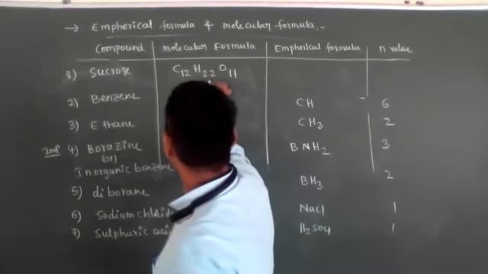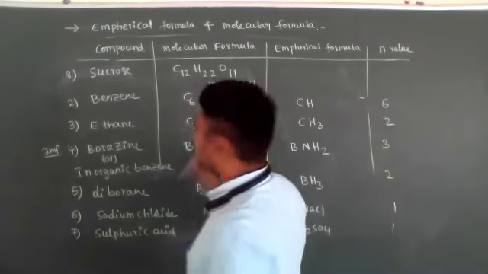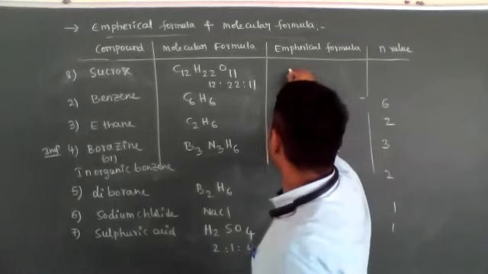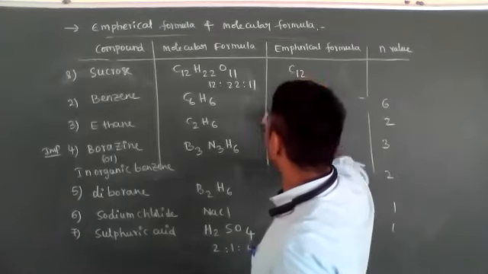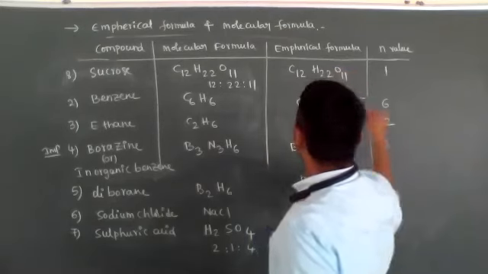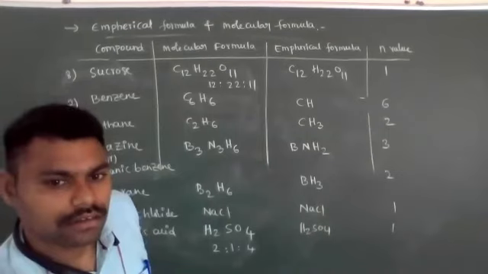That's why the simplest ratio is 12:22:11 only. Then its empirical formula is also C12H22O11 only. Then n is equal to 1. Understood?